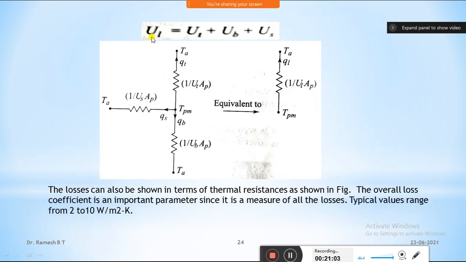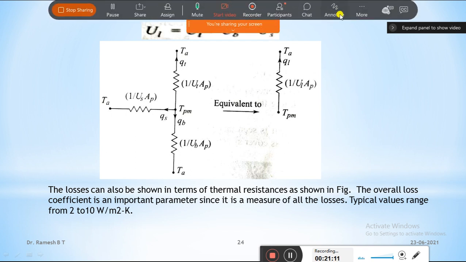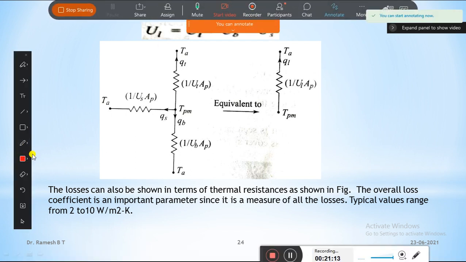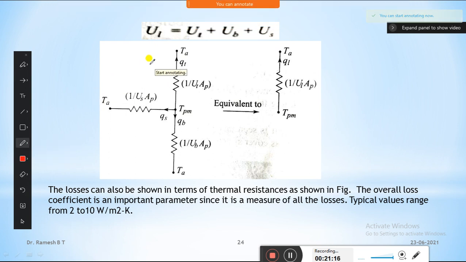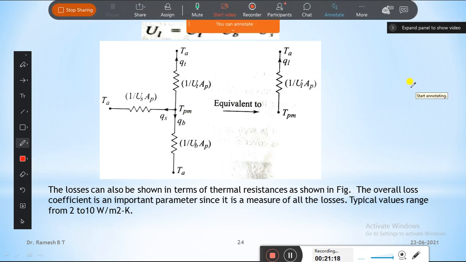From that we can take UL is equal to UT plus UB plus US. Here TA means the ambient temperature, and this is UT QT, and this is UB QB and TA.